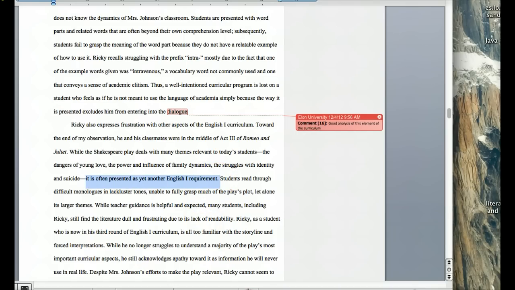This is a good observation that even though the book could be seen as relevant by the students, it is simply presented as a requirement.